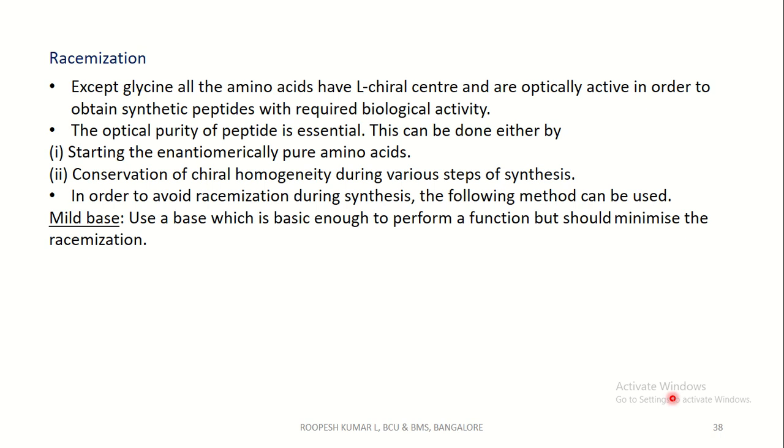This can be done by starting with enantiomerically pure amino acids, that is, we should use only the L amino acid or only the R amino acid, not a mixture of both. Only one enantiomerically pure amino acid we should start with for the formation of a peptide. Next, conservation of chiral homogeneity during various steps of synthesis. That is, we should use reagents in such a way that we do not lose the chiral homogeneity. That is, racemization should not happen.